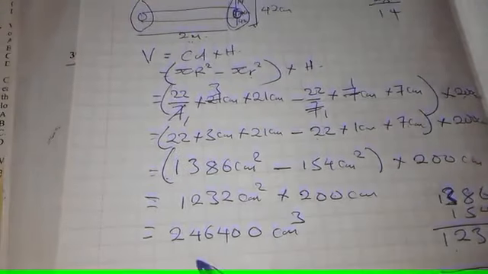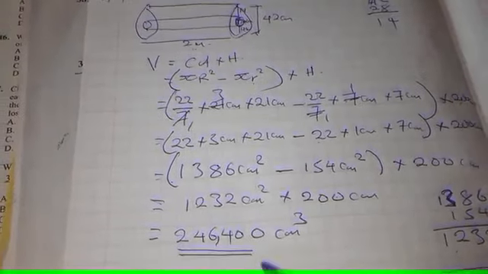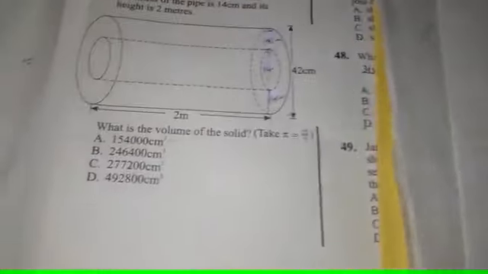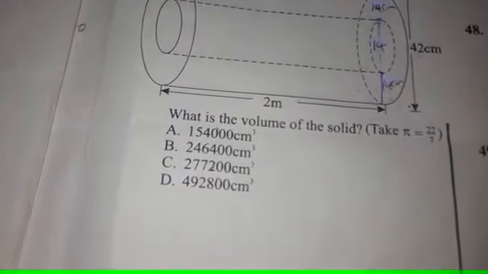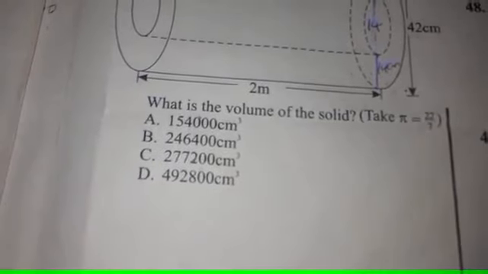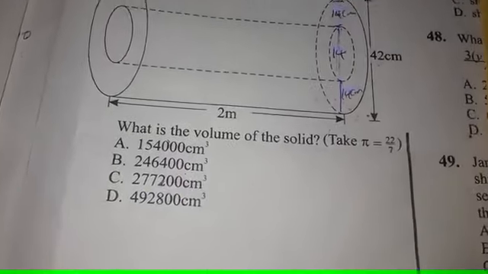So the answer here is 246,400 cubic centimeters. And when you come to the choices, 246,400 is there in choice B, if you can see it.